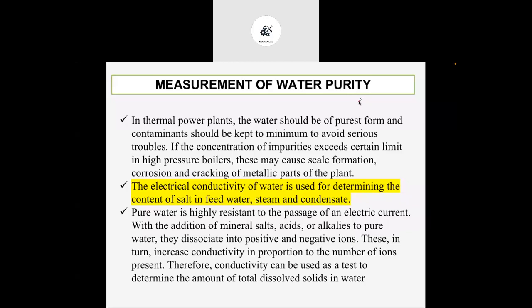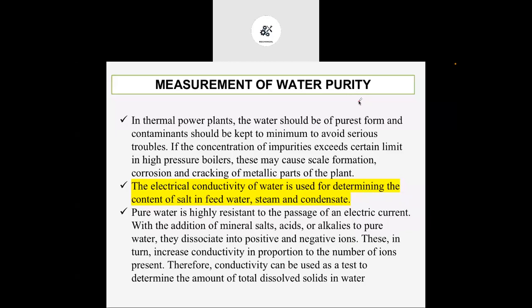The main concern with any particular water is the salt dissolved inside it. In a thermal power plant there are phase change processes, where in the boiler we convert liquid water into steam.